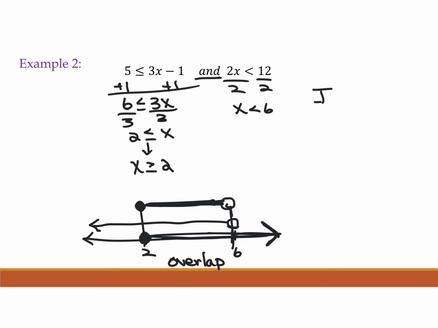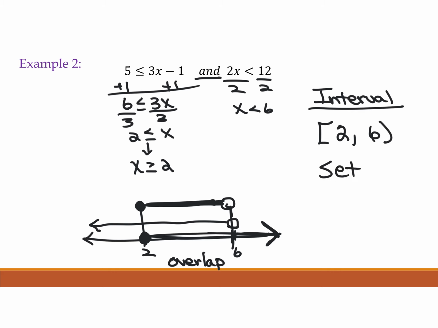To do interval notation, I have the numbers 2 and 6. That's what my circles are on. 2 has a closed circle, therefore it is a bracket. 6 is an open, therefore it is a parenthesis.